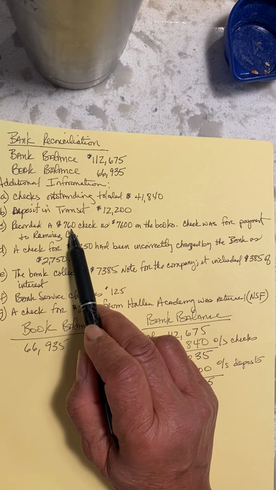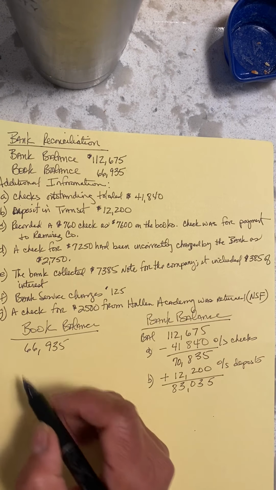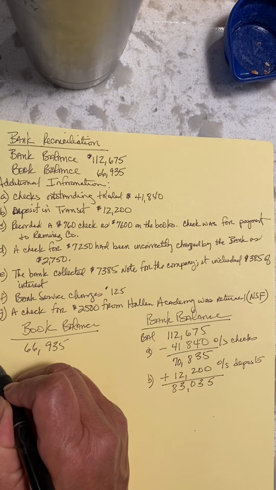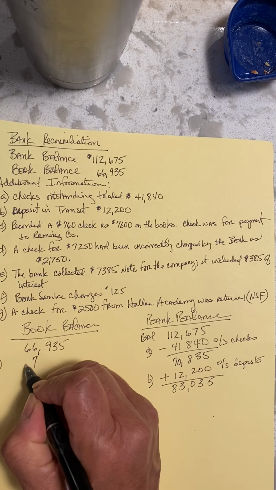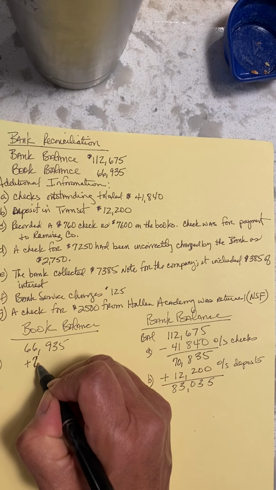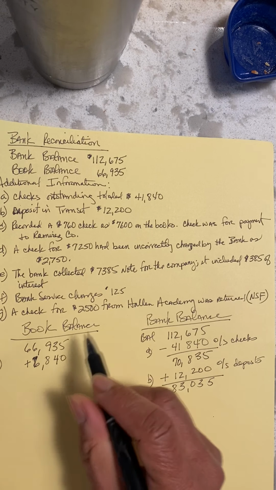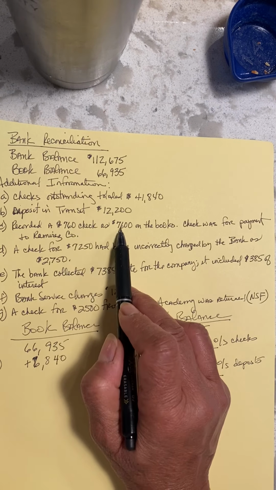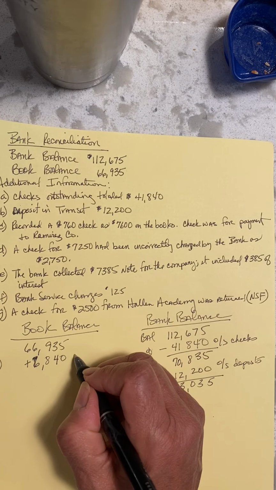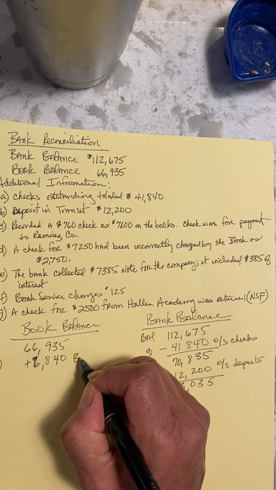A check for 760 was recorded as 7,600, so we have to add back letter C. 6,840 is the difference between 760 and 7,600, and this was a book error.